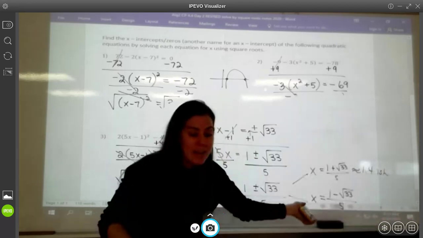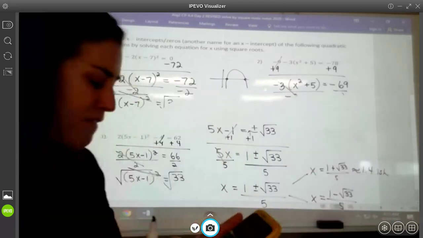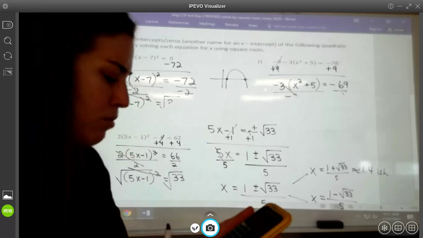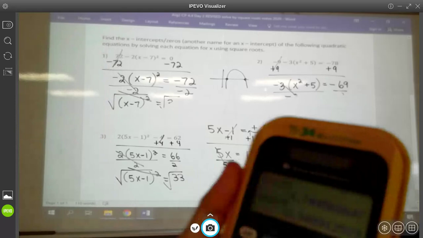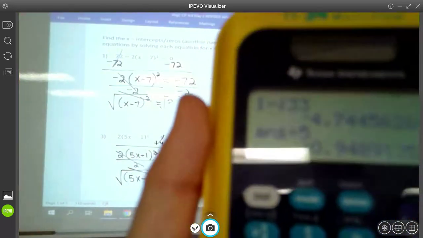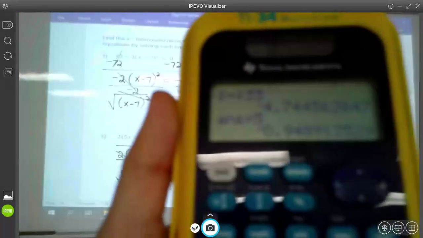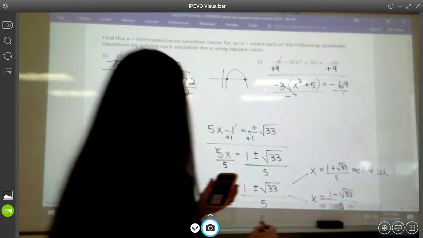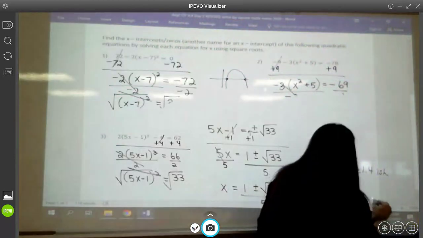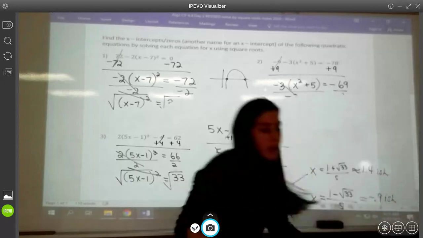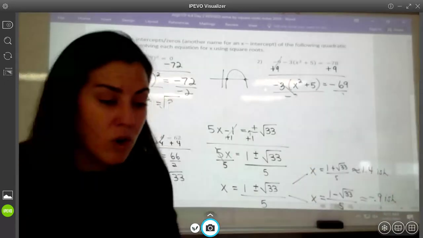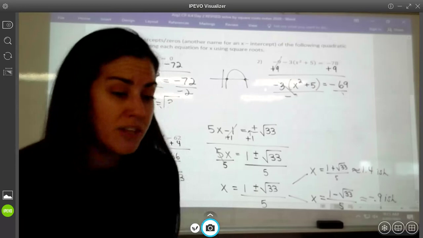And then what's 1 minus the square root of 33 divided by 5? It's just like negative 0.9. I don't know if you guys can see that, but it's a very ugly decimal that I don't want to round. So it's like negative 0.9-ish.